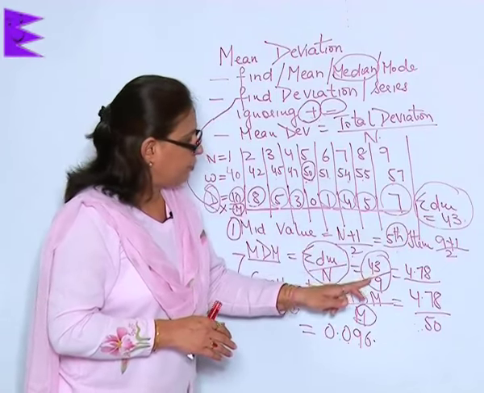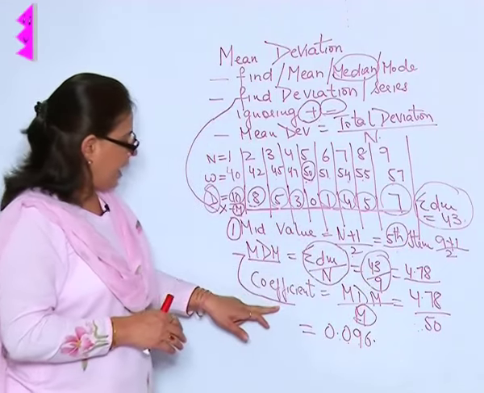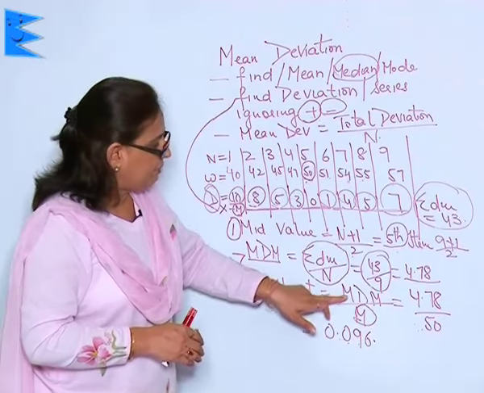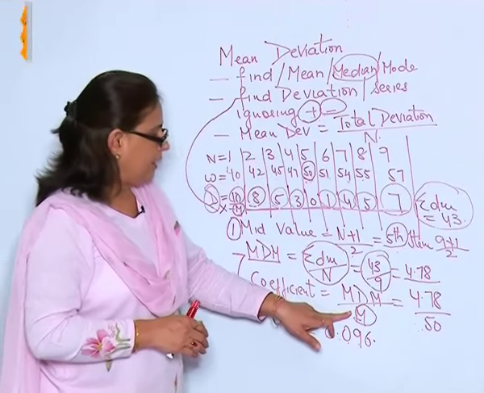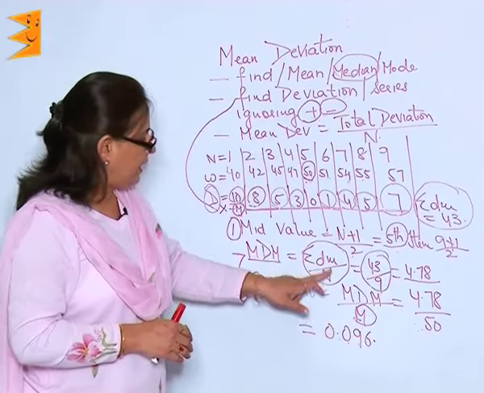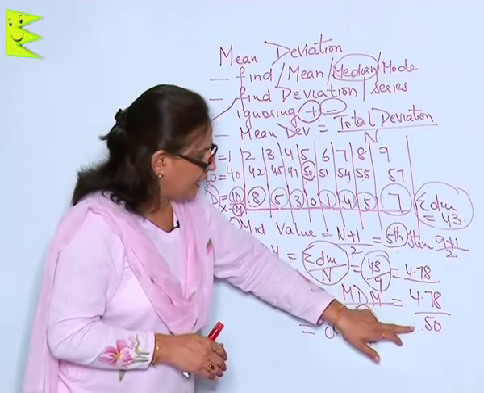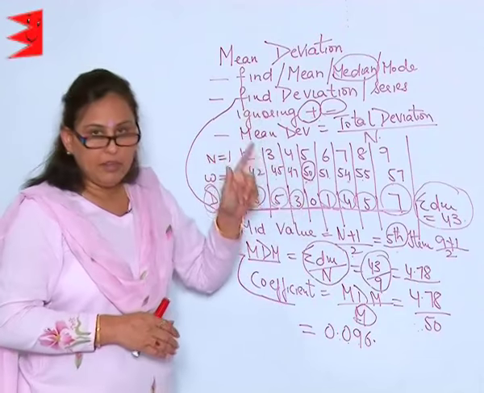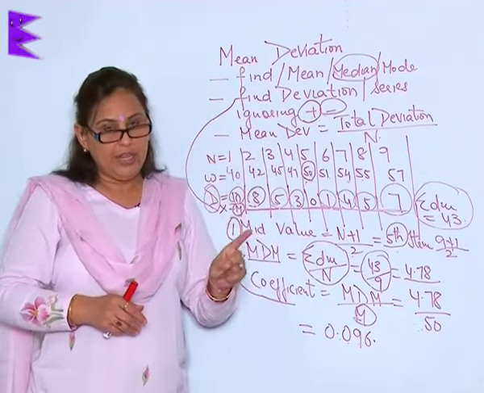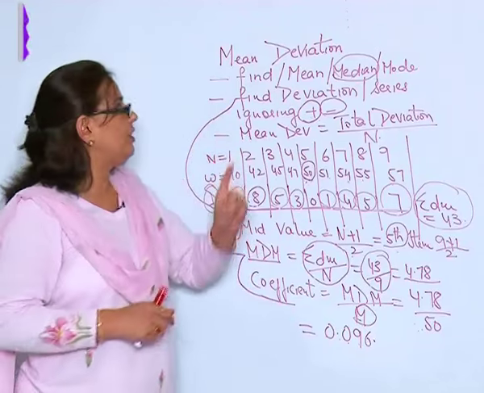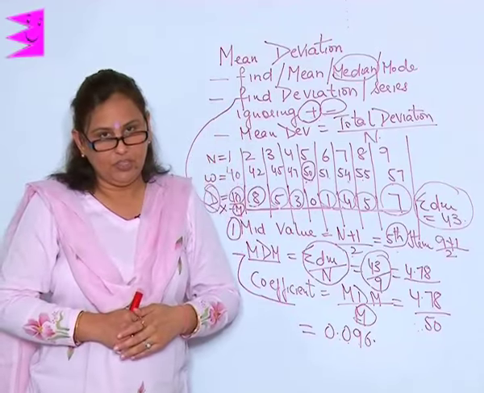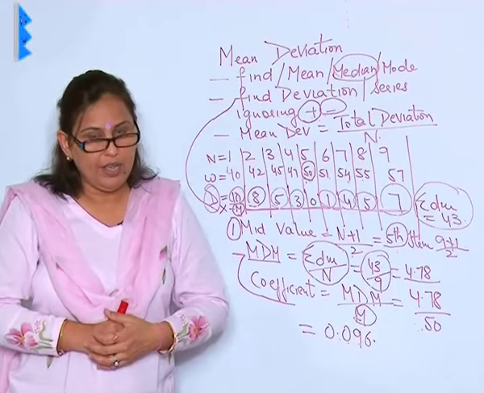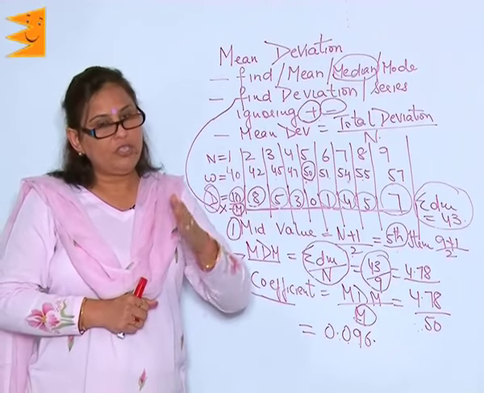Sigma DM is 43 upon the number of observations n, and the coefficient of mean deviation median is mean deviation median upon the mid value. So mean deviation median is 4.78 upon the mid value 50, which we calculated. So this was the third method of measuring the measures of deviation, called the mean deviation. In the next clipping, I shall pick up the fourth method of measuring the measures of dispersion.